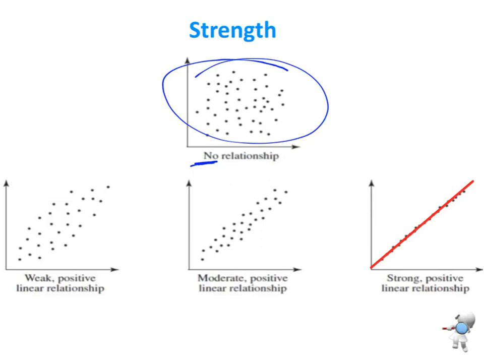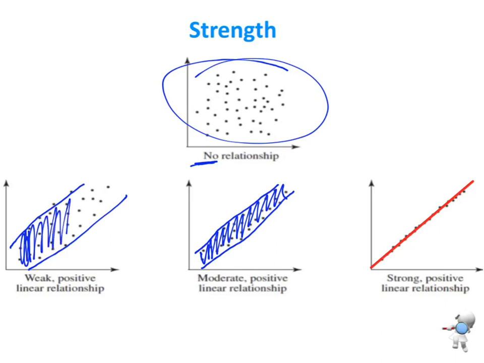As that relationship gets a bit more scatter, so we can see if I draw these lines above and below, the moderate relationship is wider. It's wider now than that strong relationship was. And if I think about a weak relationship, it's wider again than a moderate relationship.